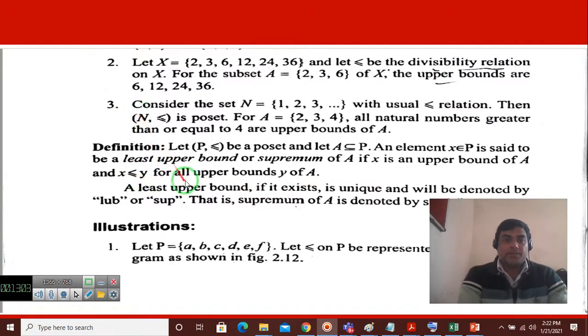Now consider the set of natural numbers with the usual relation less than or equal to; this set is a partial order set. For the subset {2, 3, 4}, natural numbers greater than or equal to 4 are the upper bounds of A.